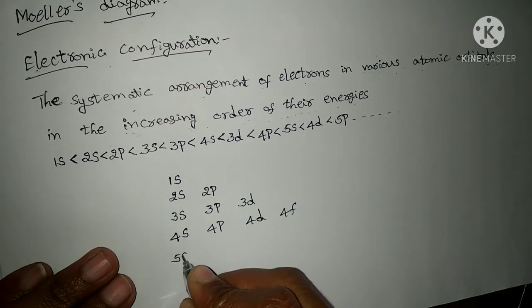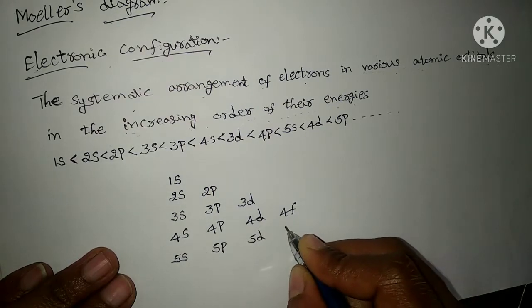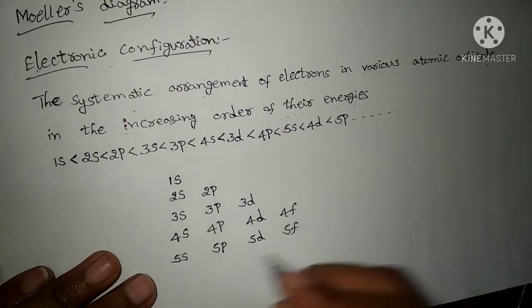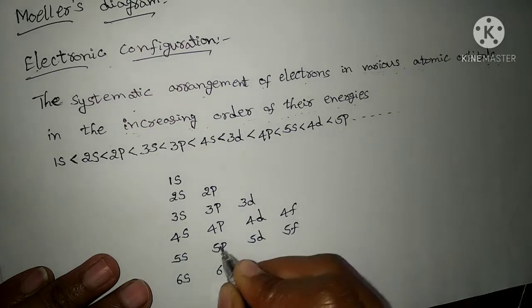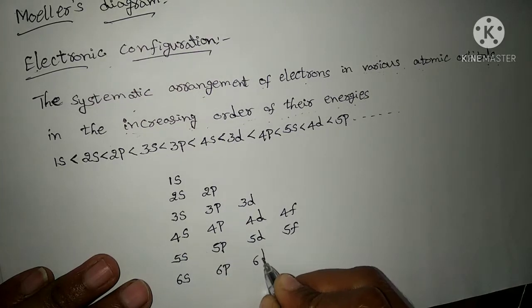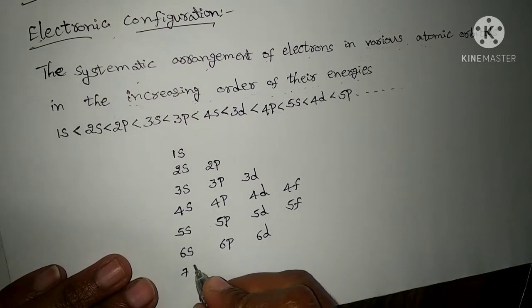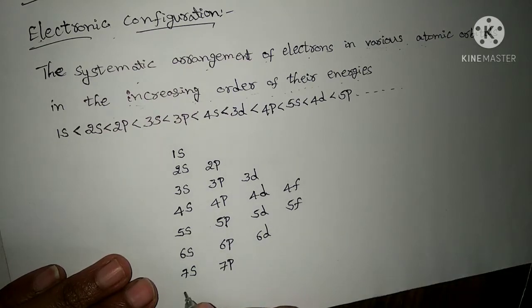In the fifth shell, 5s, 5p, 5d, 5f, and 5g also exist, but in those there are no electrons. Next, the sixth shell: 6s, 6p, 6d. In further orbitals, there are no electrons. Next, 7s, 7p; in 7d and beyond, there is no electron. Next, 8s.